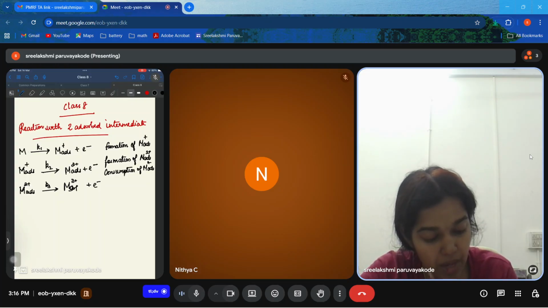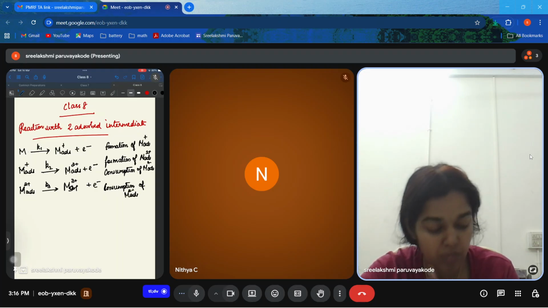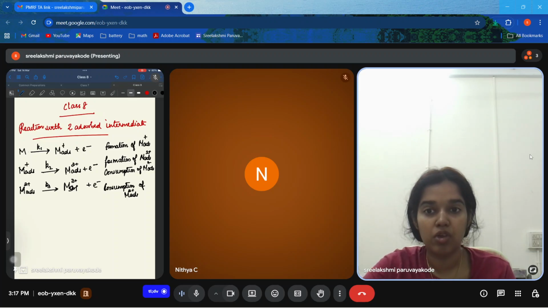Similarly, the formed M adsorbed 2 plus gets consumed in the third step. So here there are two adsorbed intermediates, M adsorbed plus and M adsorbed 2 plus.